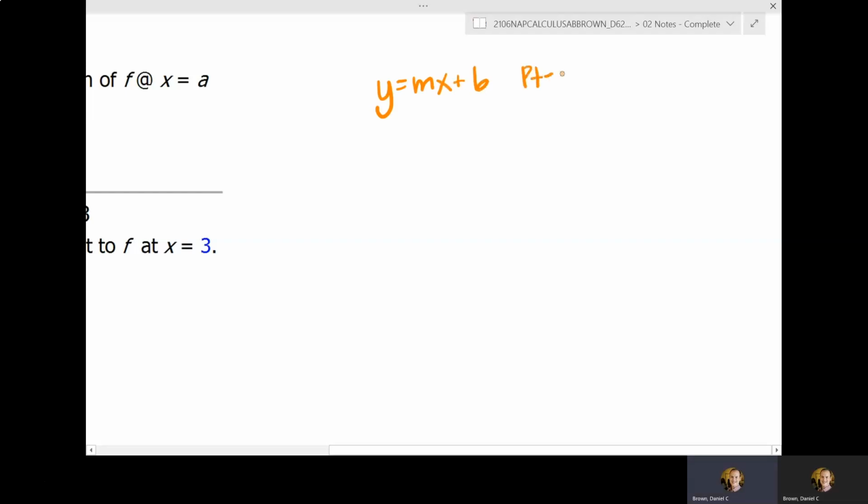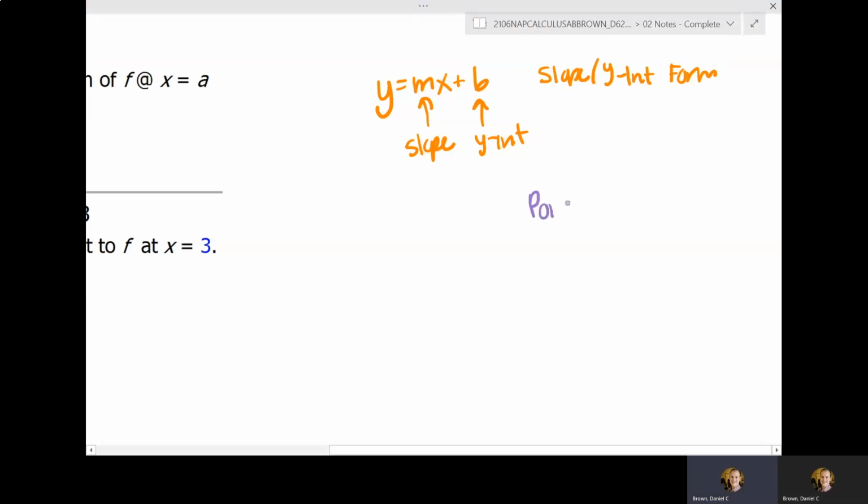That is called the slope y-intercept form. And it's because to write the equation, you have to have the slope of the line and you have to have the y-intercept.